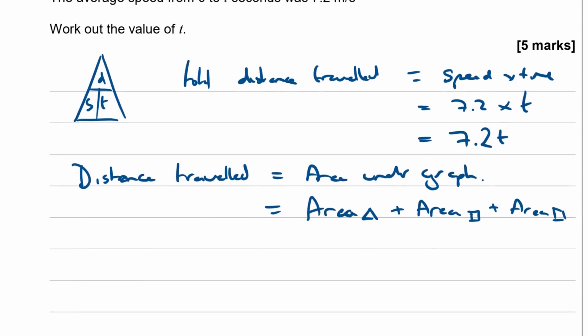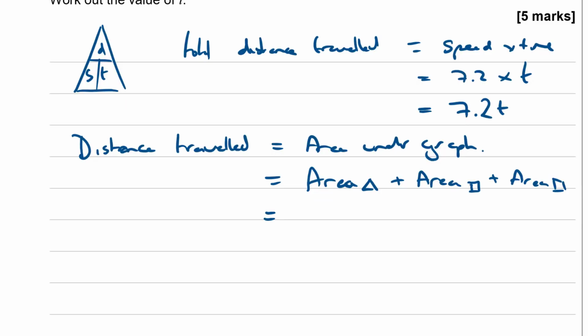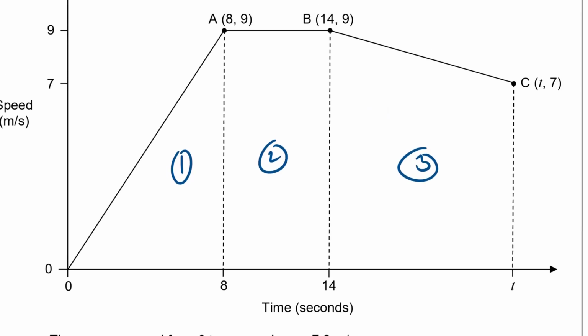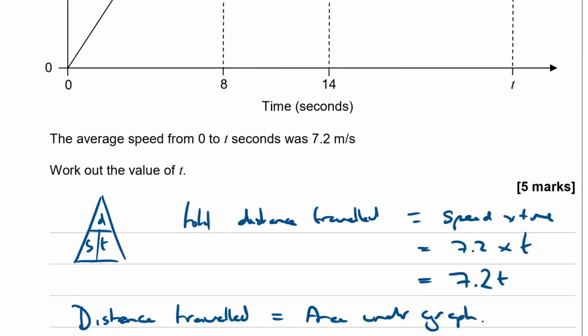So the area of my triangle is going to be half base times height, isn't it? So it's going to be half 8 times 9.